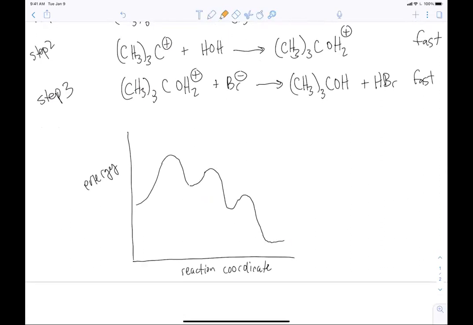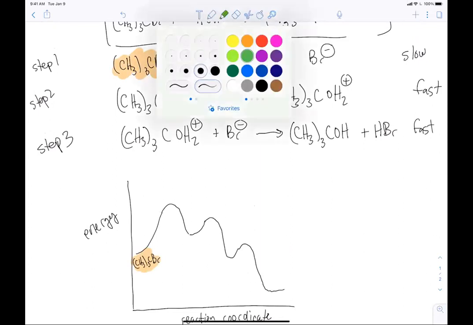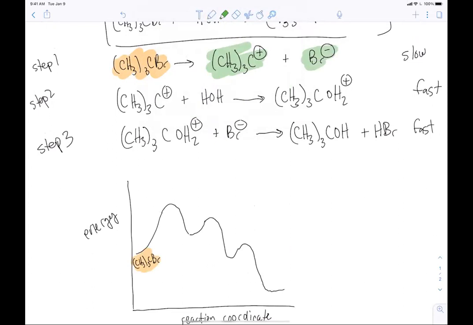This first part here is talking about the energy of this. And what I'm forming here in this trough is not our product.